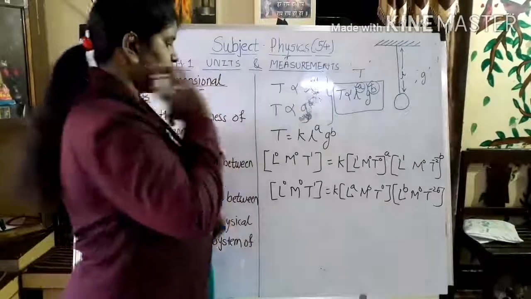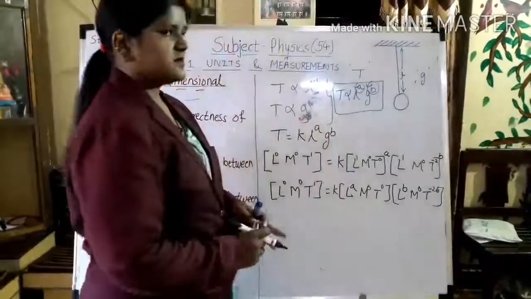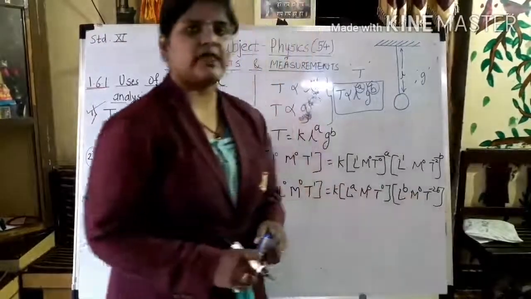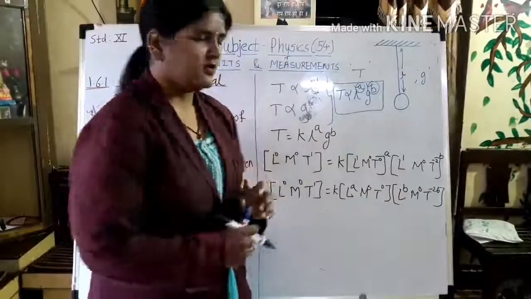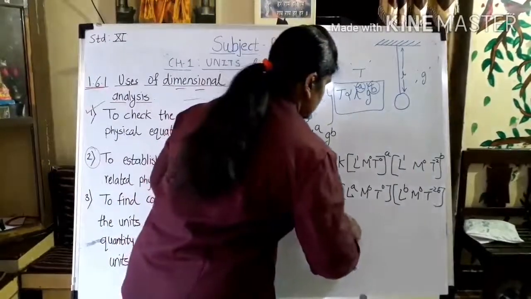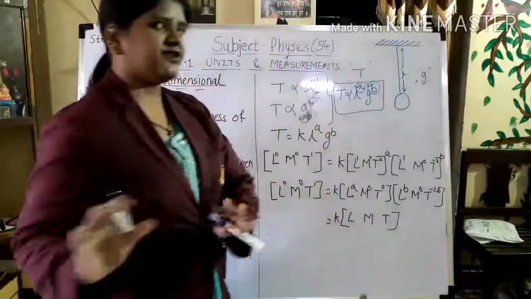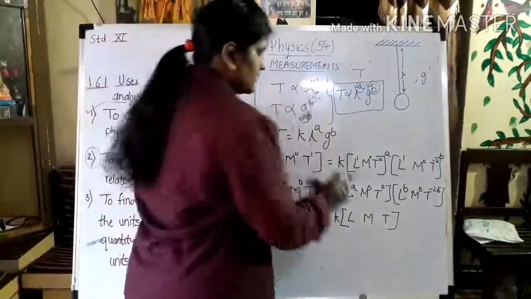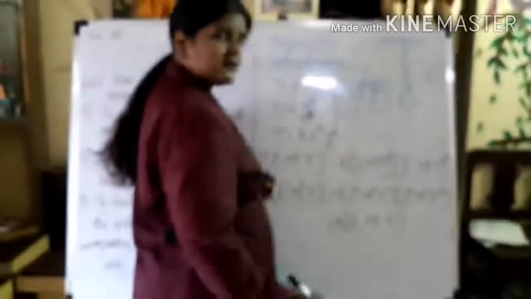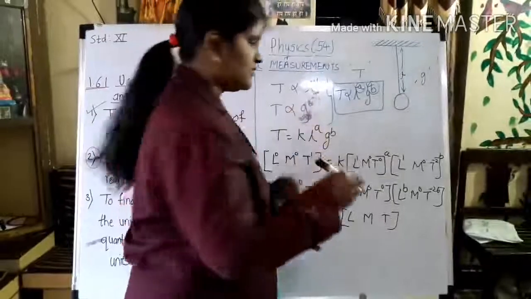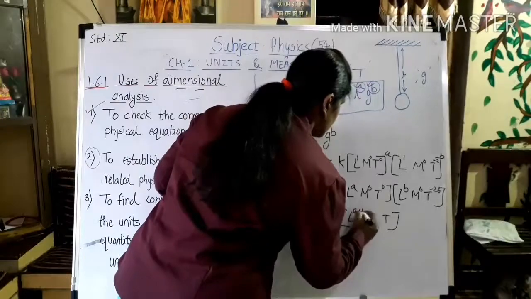As you can see, on the RHS the bases L, M and T are the same. So what happens to the index? Yes, it will get added. Here L raised to a is there and here L raised to b is there, so this becomes L raised to a plus b.